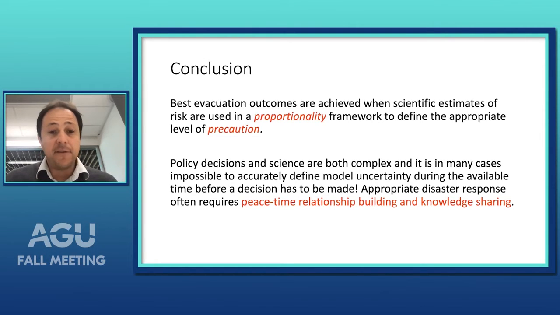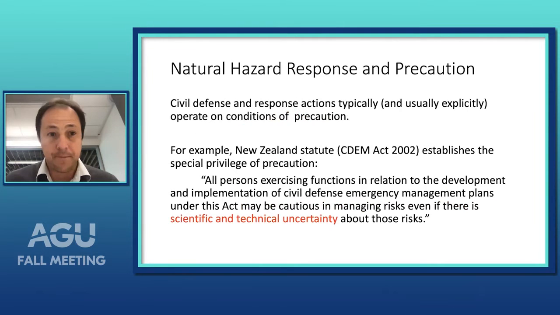At the end of the day, the best way we can define a very good balance between these two ideas of precaution and proportionality is with peacetime relationships. So we need to have open communication between scientists and end users, emergency responders, central government, regional governments, prior to the event actually happening, to have a framework in place with which to make the most appropriate decision.